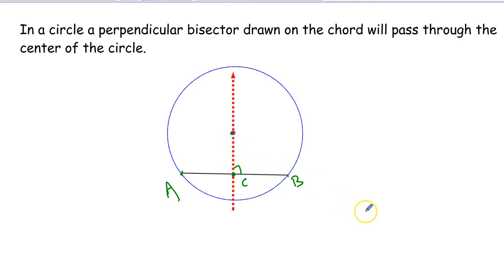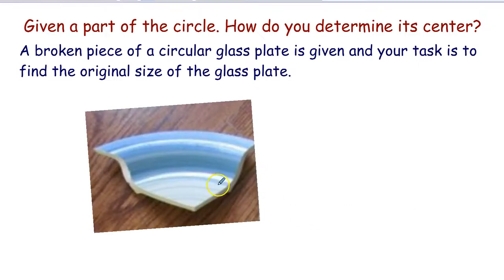Okay, now going back to the scenario, this is the thing we have. A broken piece from a circular glass plate is given to us, and you are asked to find the original size of the glass plate.